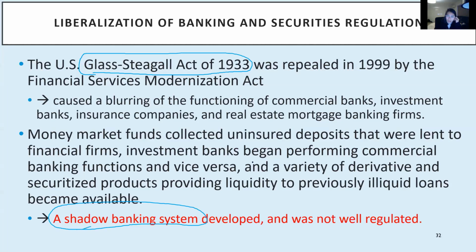Crowdfunding is a sort of shadow banking. When you go into a lending platform and lend to people, you're doing banking business without having a license. So this is what we refer to as the shadow banking sector, where we do banking business but are not subject to the same regulation as a commercial bank.